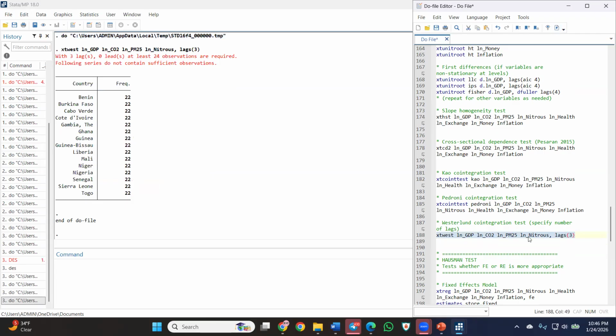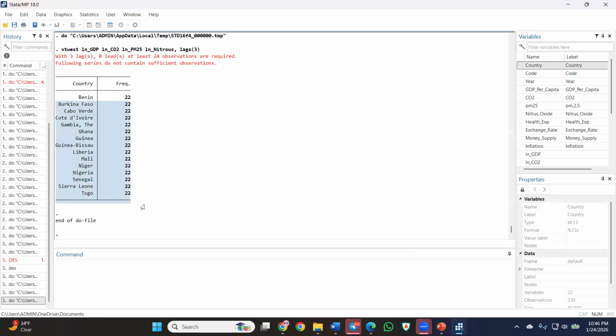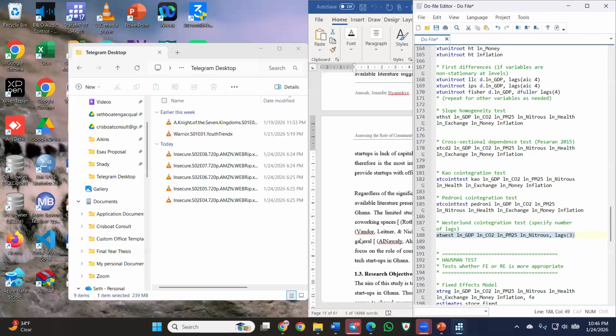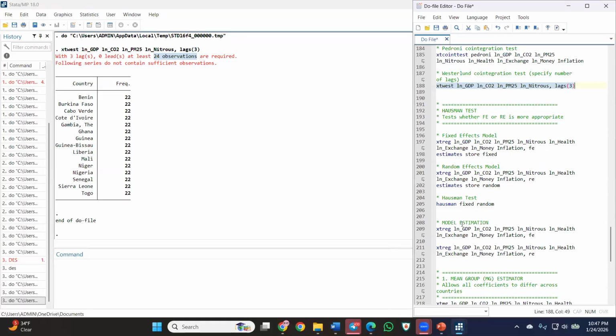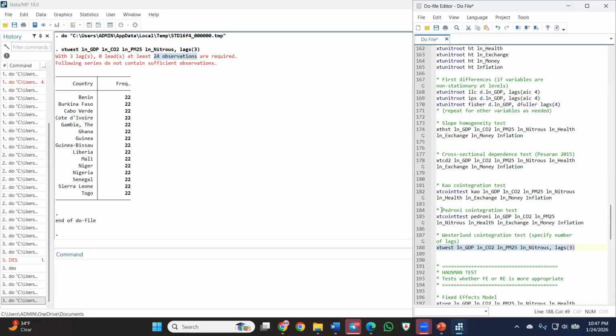I'm using a lag of 3 and it is not working because my observation is 25. When it takes a lag of 3, it remains 22, and the Westerlund requires at least 24 observations to run. So always check your data period too, because the data period also influences the lag selection.